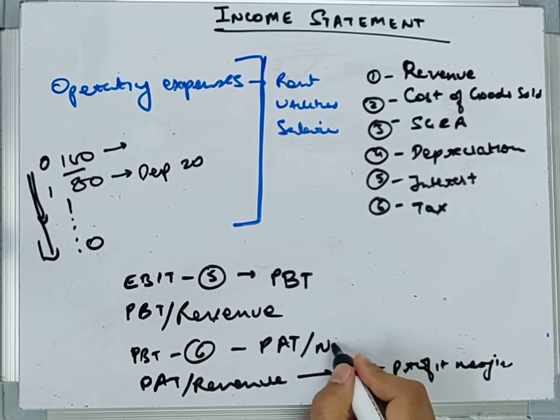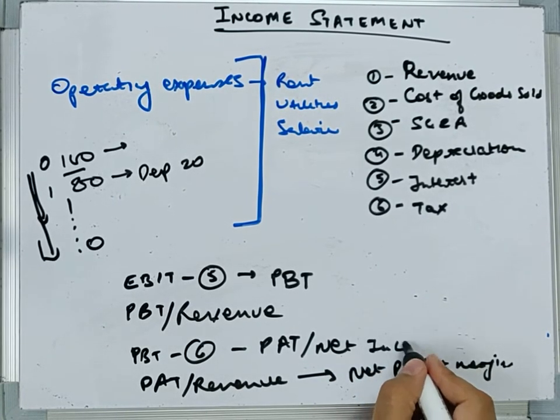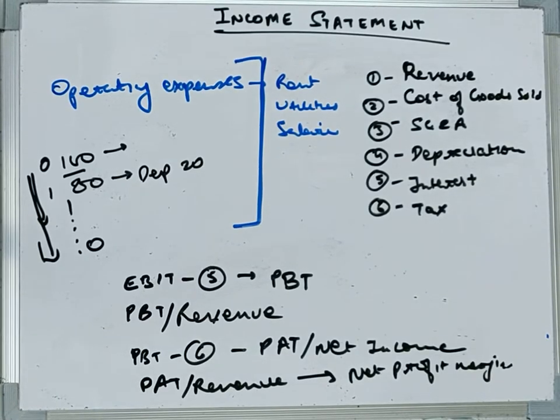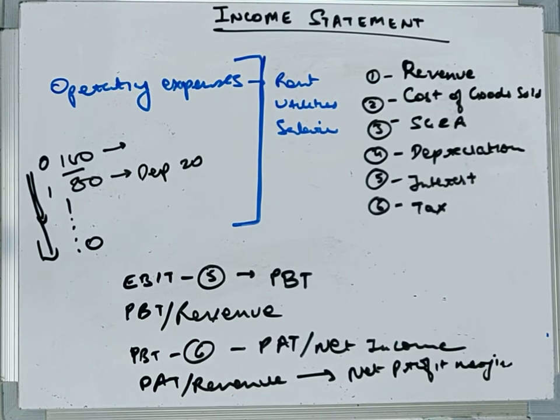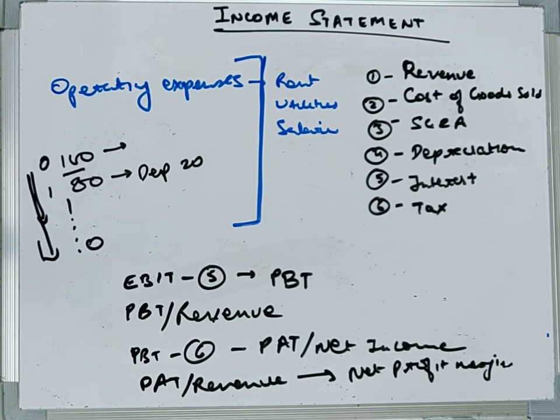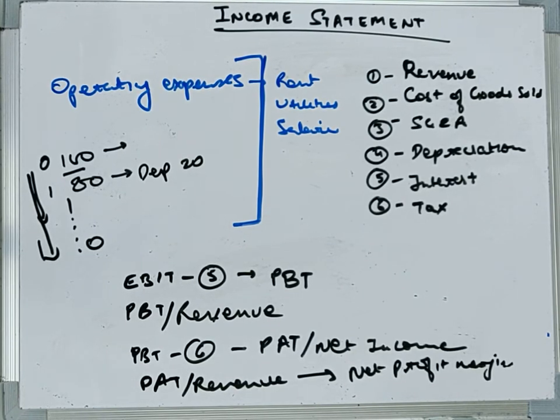That can also be net income. And this is a way in which your income statement is measured. We start with revenue, that is your cash inflow, and then we put all the other operating expenses.